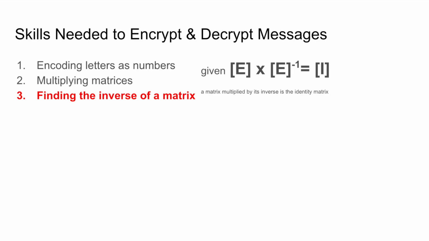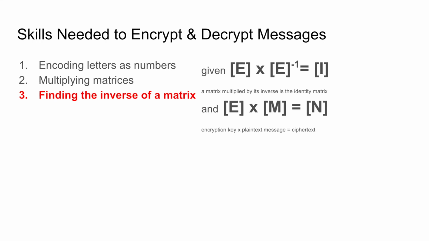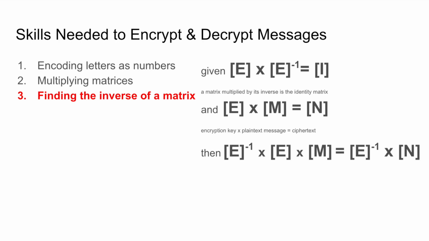Put it all together now. A matrix times its inverse is the identity matrix. An encryption key matrix times a plain text message matrix is equal to a ciphertext matrix. So therefore, using the identity property, the inverse of the encryption key times the encryption key times the plain text message is equal to the inverse of the encryption key times the ciphertext.